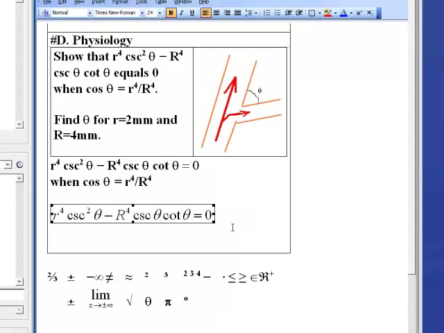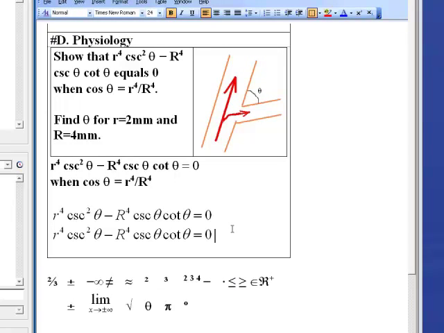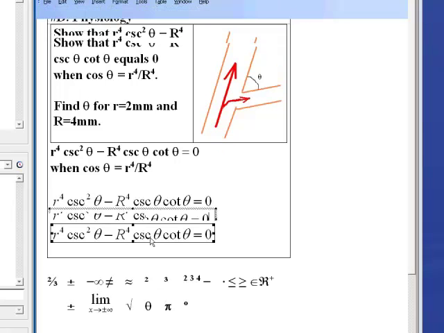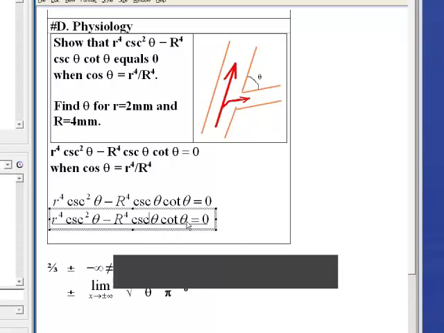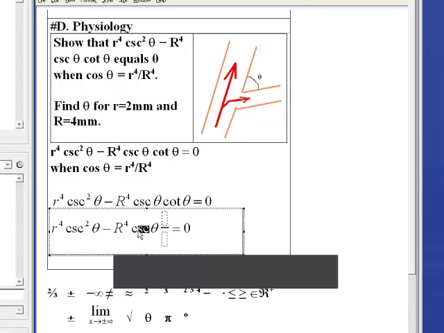Okay. Now I'm going to take this equation and I'm going to plug in. First I'm going to use some identities. For the cotangent here, I'm going to use cosine over sine. So I'm going to have this, cosine over sine. There we go.